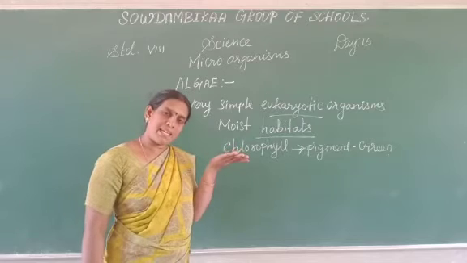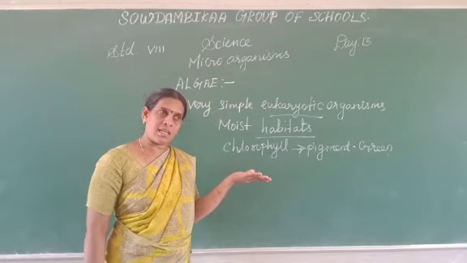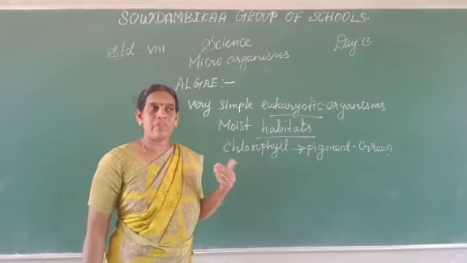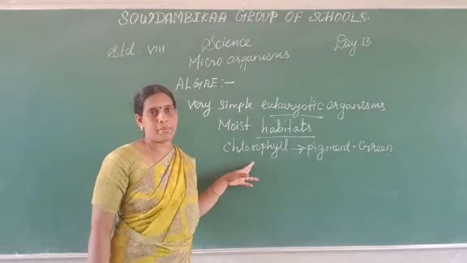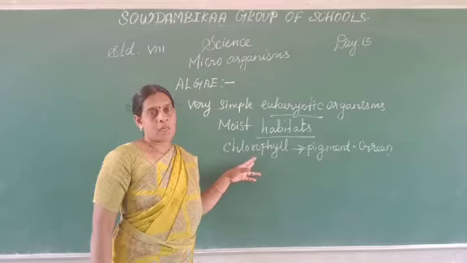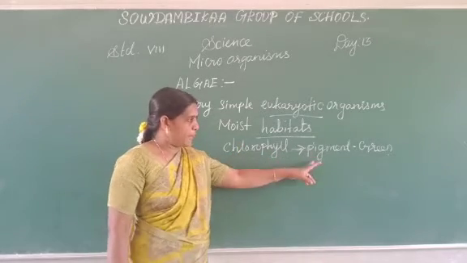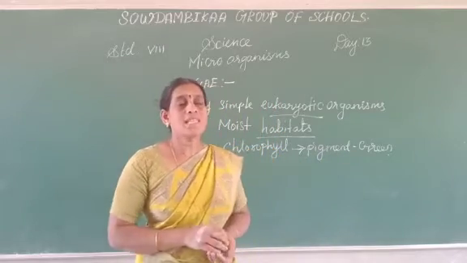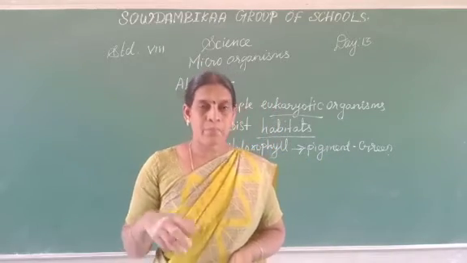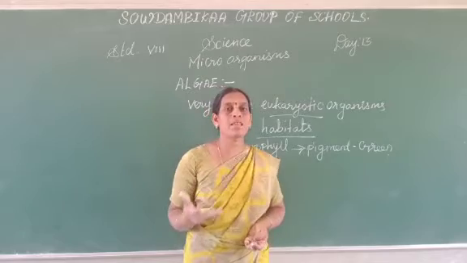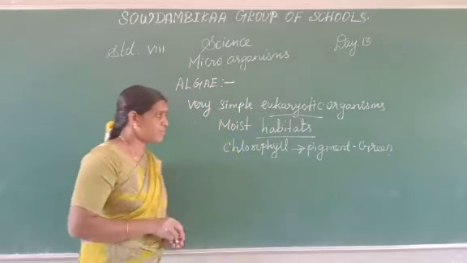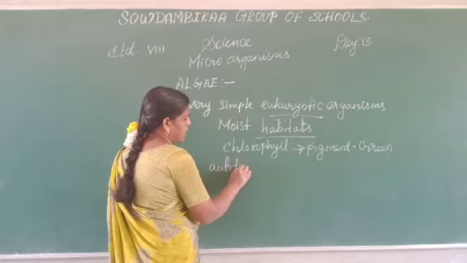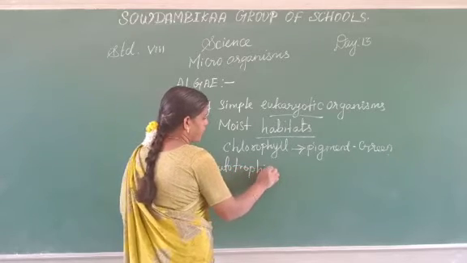They do not depend on other living things for food. Using the chlorophyll pigment, the alga prepare their own food, so the alga comes under autotrophic nutrition.